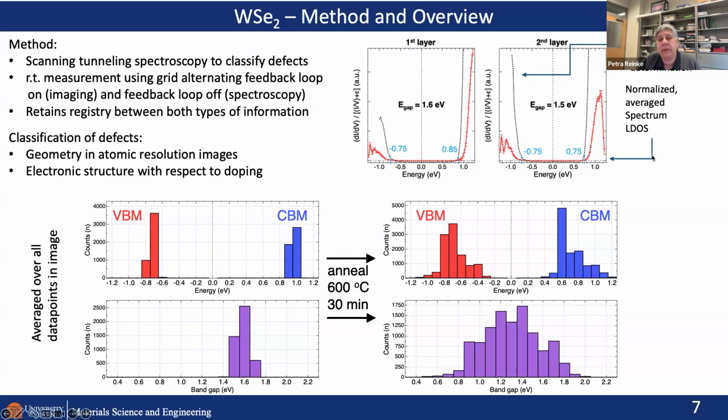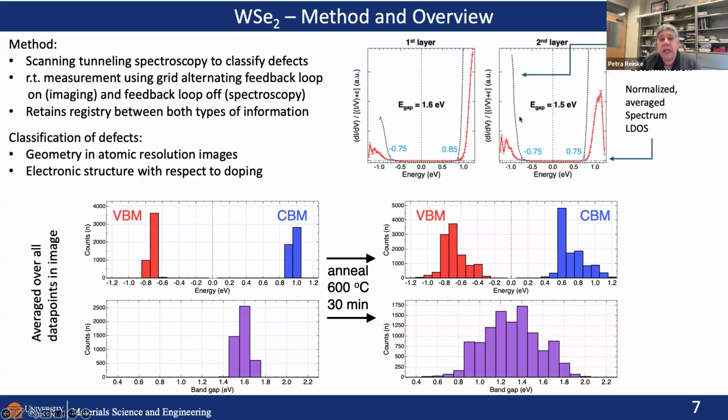Here in these two graphs, you can see that for all the data sets we have in our images, we do the second derivative, and from the second derivative, we get the position of our band edges.